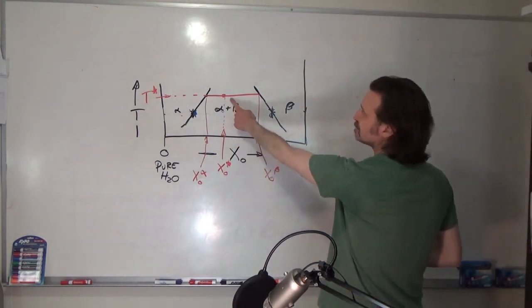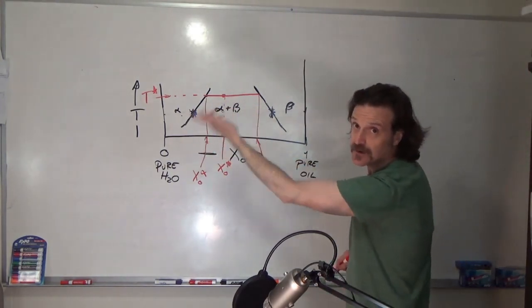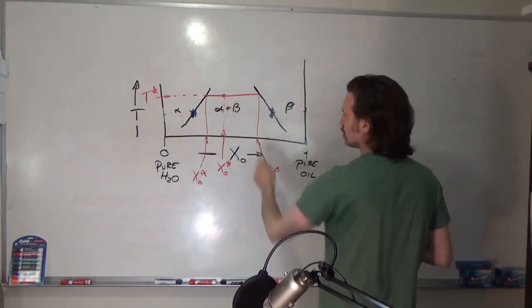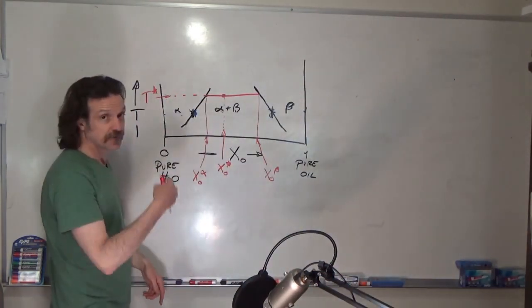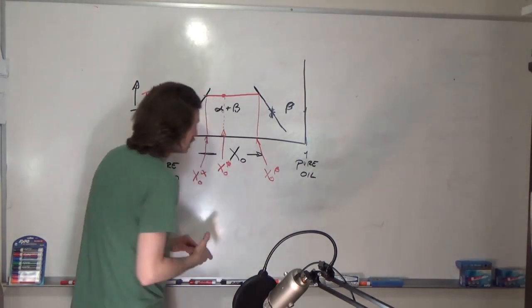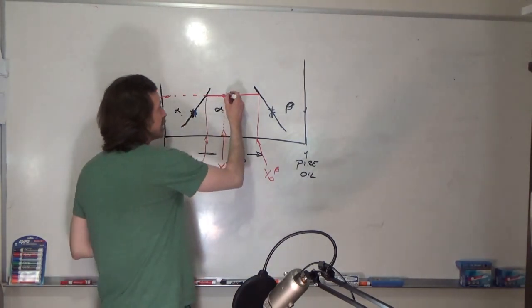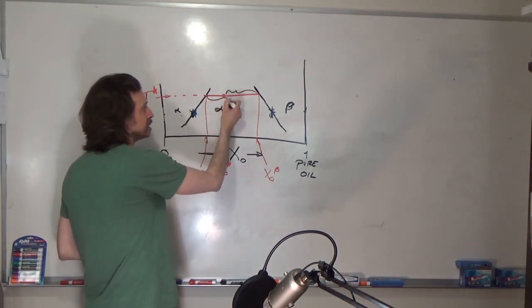So we say, okay, at this point and at this temperature, what fraction of alpha, what fraction of beta do we have? So, well, we know that the fraction of alpha is going to be given by this distance divided by this distance.